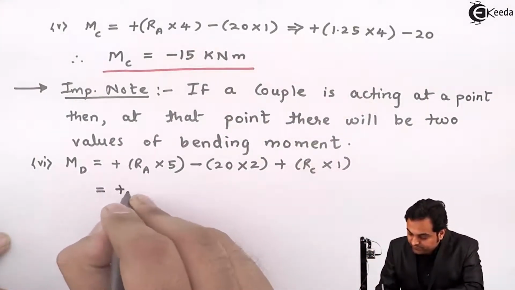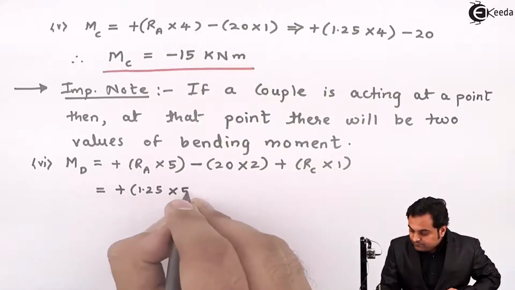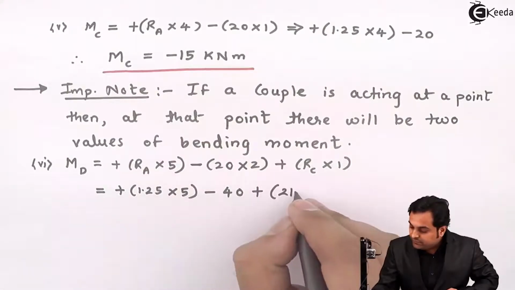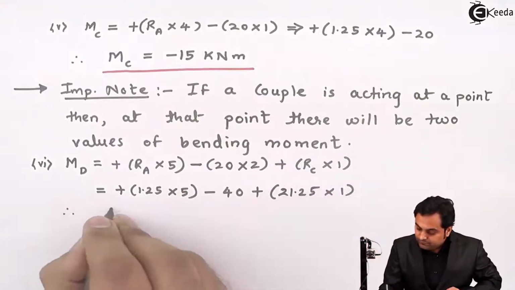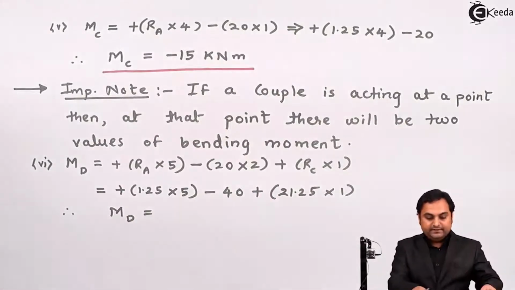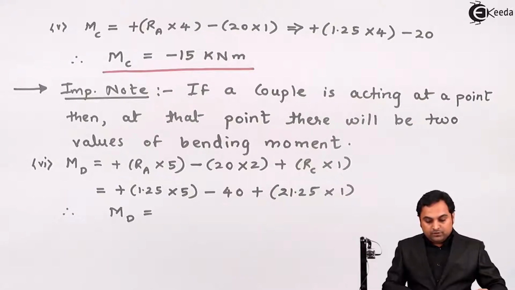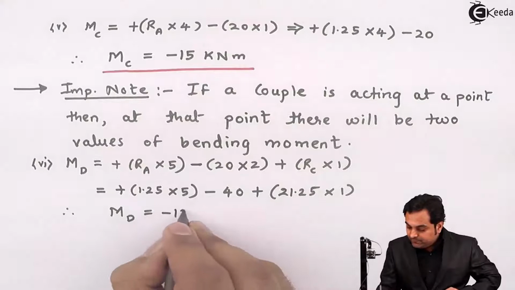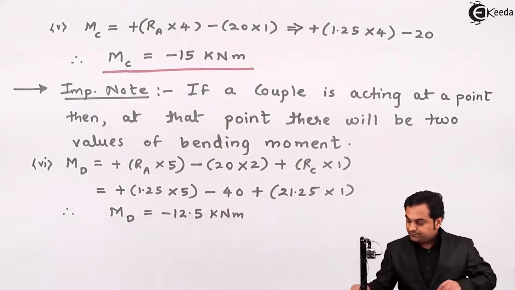I'll go on putting the values. RC is 21.25. From this, I'll get the value of bending moment at D, and my answer is minus 12.5 kilonewton meter.